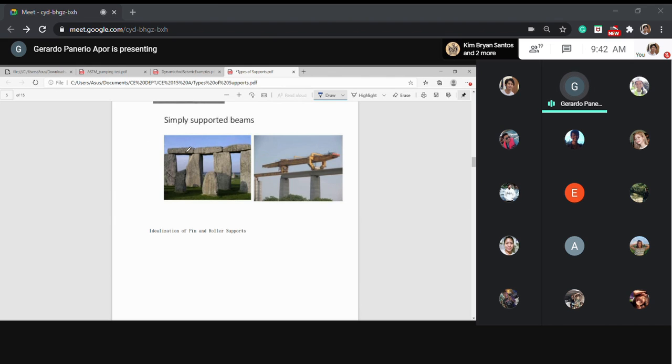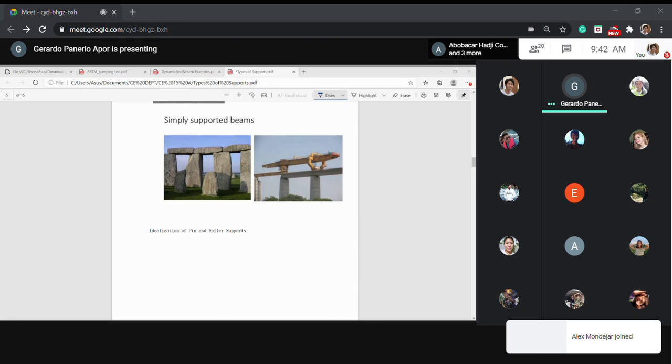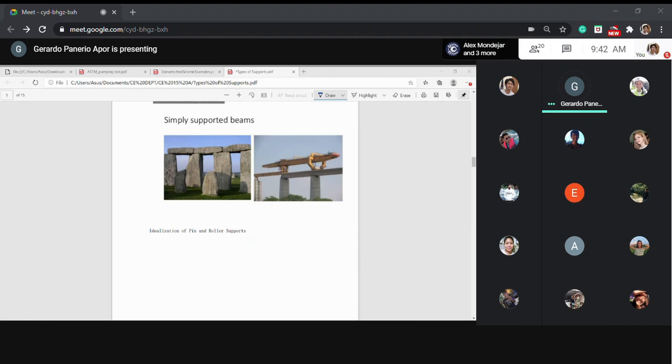Why? Because the inertial force of these rocks is strong enough to topple the lintel off the column. Okay, so it's like that. Okay, so let's continue.